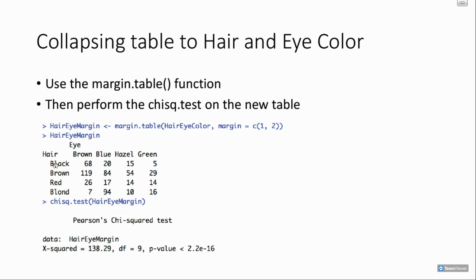For people having black hair and brown eyes, and so on, the matrix is a tally of the data set. Then you do a chi-square test, and it says that each of these categories is very significantly different from one another.